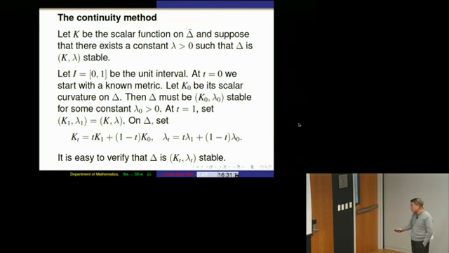At t equal to 1, we set (K1, lambda1) equal to (K, lambda). And we set Kt in this way and lambda t in this way. Then it is easy to prove that delta is (Kt, lambda t) stable.